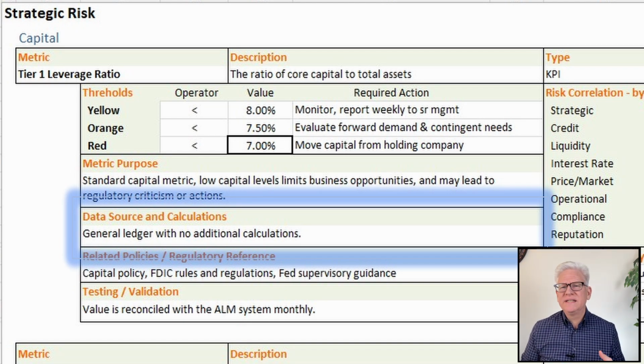Unfortunately, people tend to take any value that ends up in a pretty report as always valid, but I've simply seen too many times where someone made a mistake in gathering their data points. If these metrics are significant enough to inform our decision making, then that data has to be right and periodically tested. In fact, I'm actually a very big fan, we've talked about this in a prior video, of making part of our internal audit program back testing of key values in our reports to ensure that they were reported correctly.